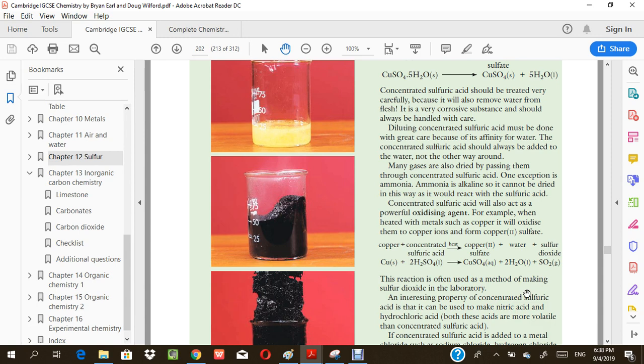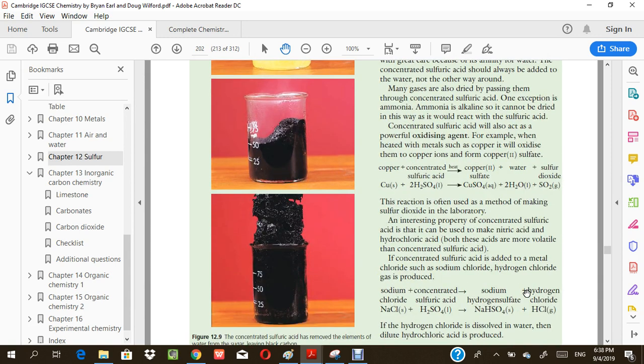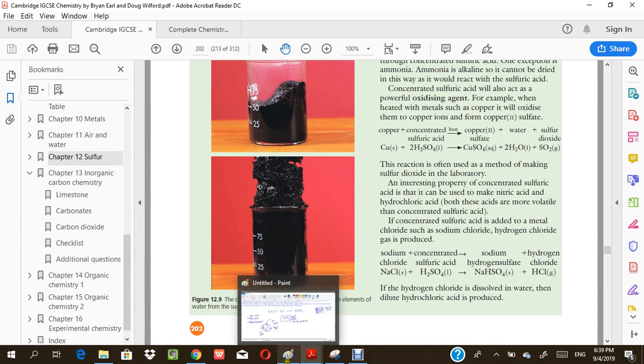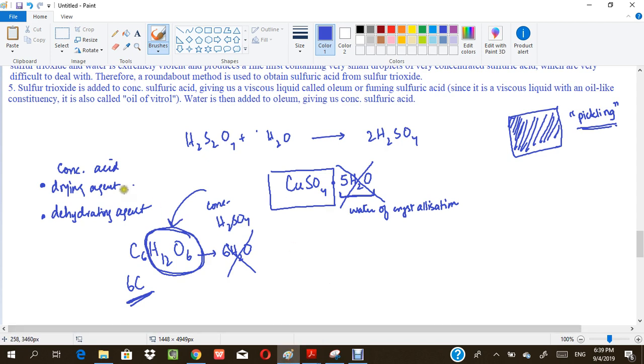So only carbon is left, and we can see this nice big foamy carbon appearance here. So this is dehydration. So concentrated sulfuric acid is a very important drying agent and a very important dehydrating agent. It's also used in production of acid salts.